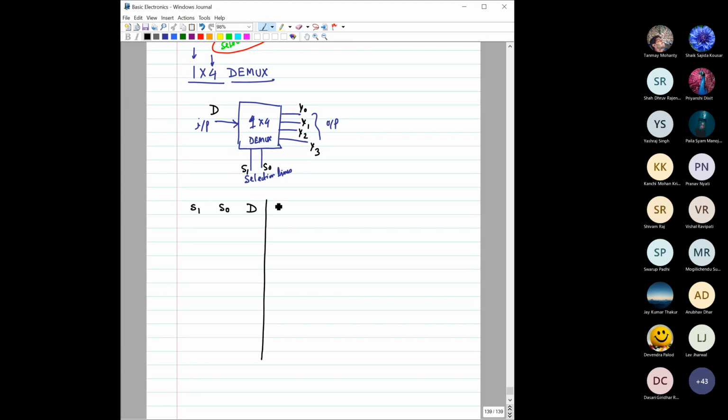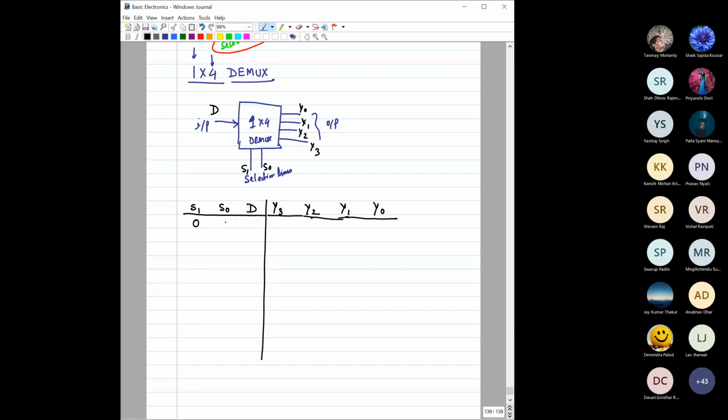Here we have all the outputs, Y3, Y2, Y1, Y0, and let me also put a line here to separate it from the bottom part.